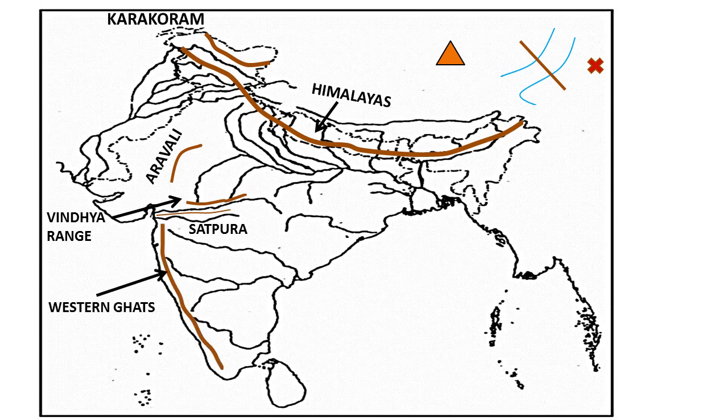Next comes the Western Ghats. The Western Ghats has to begin from the eastward flowing rivers like Godavari, Krishna and Kaveri. You have to touch the starting point of these rivers. Next is the Eastern Ghats. While drawing Eastern Ghats, you have to be very careful again.